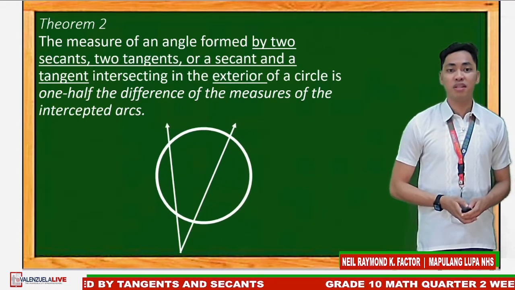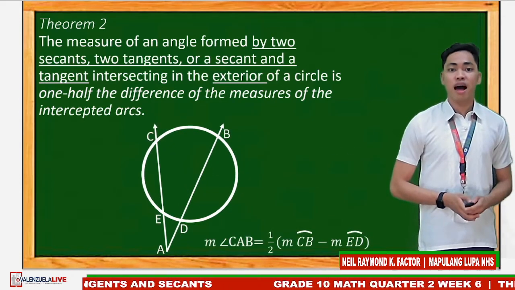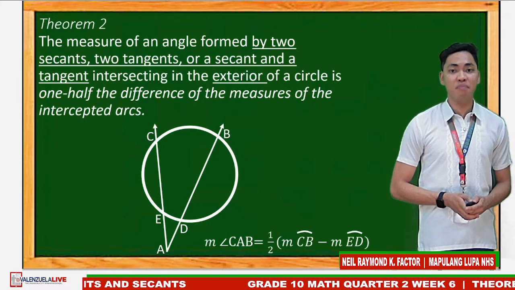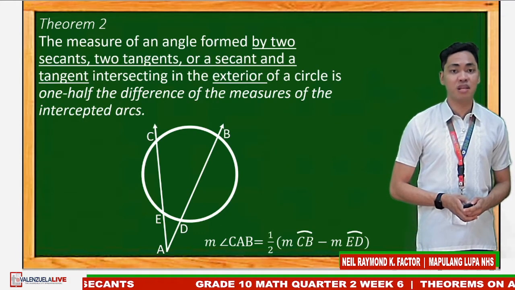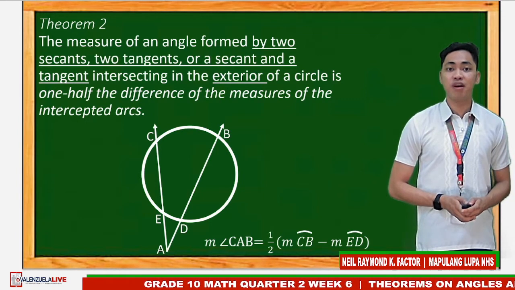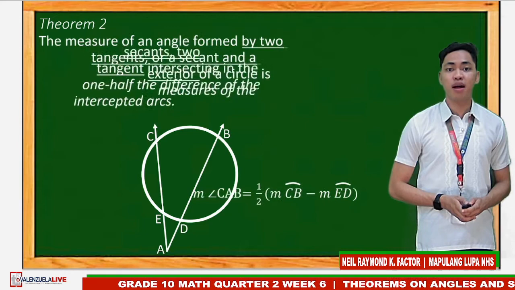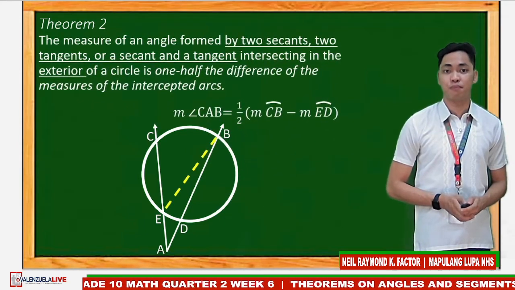Using points, we have this. We have the measure of angle CAB is half the difference of the measures of arcs CB and ED. For the sake of proving, we construct line segment EB. Again, that is by construction.